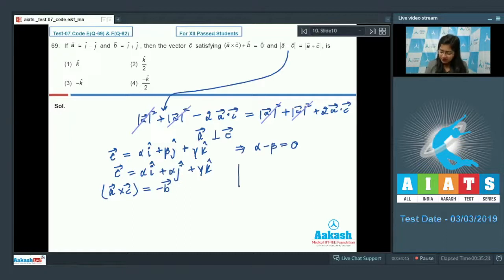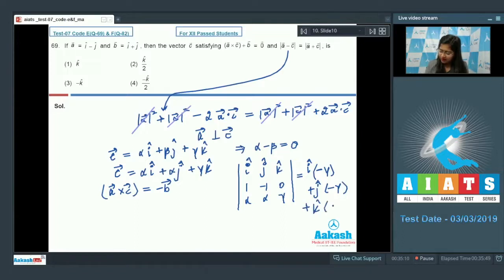So, let us find a cross c vector. That will be equal to the determinant with i, j, k cap, and a is 1, minus 1, 0 and here we will have alpha, alpha and gamma. So, this is equal to i cap into minus gamma plus j cap into 0 minus gamma plus k cap into alpha plus alpha, that is 2 alpha.